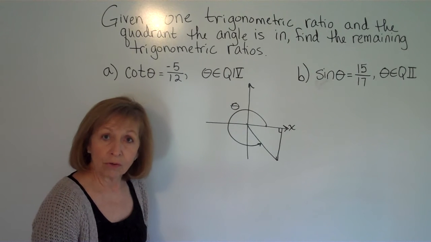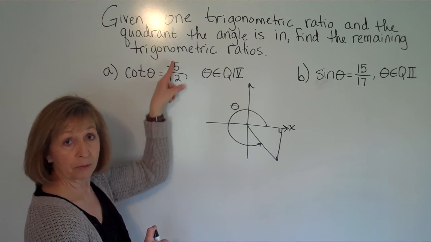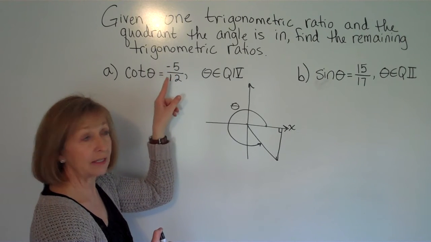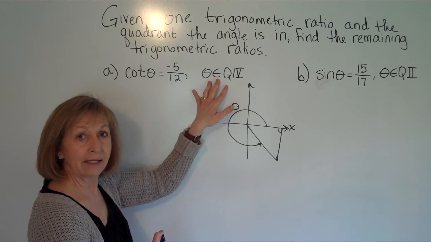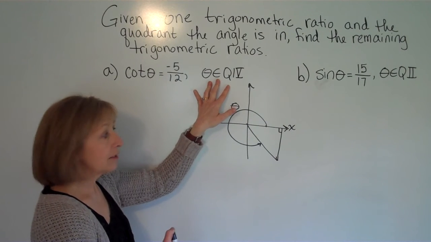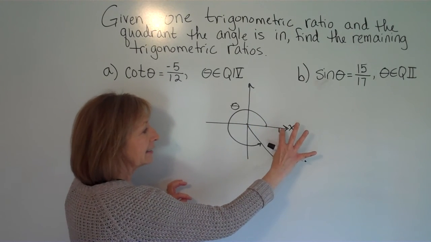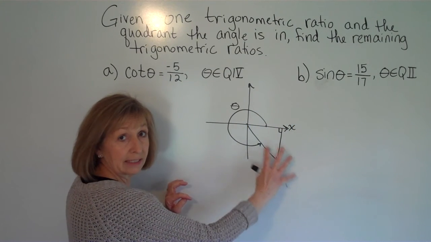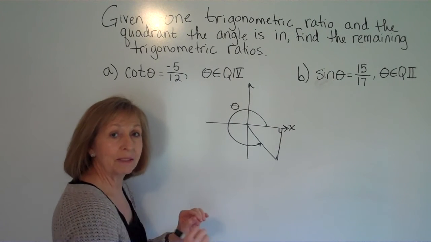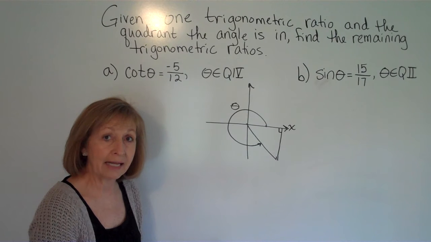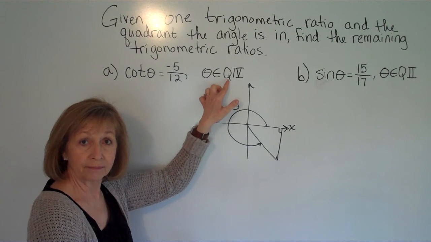And I don't know which part of that fraction the negative goes with until I think about where the angle is in that quadrant. To get to the 4th quadrant, I have to go right and down. So my x-coordinate has to be positive and my y-coordinate has to be negative for that angle to have its terminal side in the 4th quadrant.